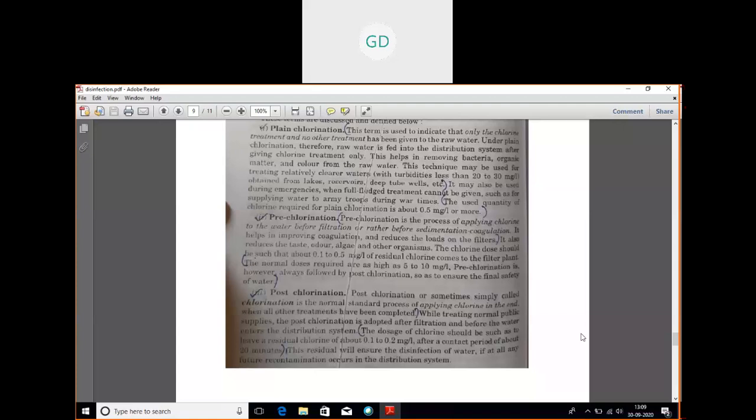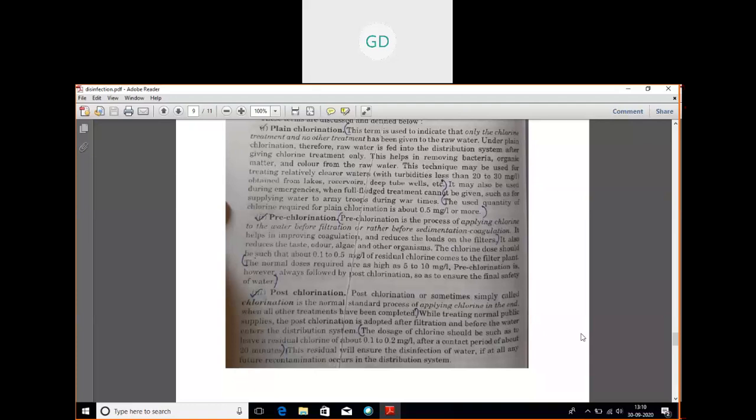This pre-chlorination helps in removing coagulation, and also it reduces the load on the filters. And what is the dose? The dose is 5 to 10 milligram per liter. In this PDF the important lines are already marked with pen, so you can write it down in your copy later.